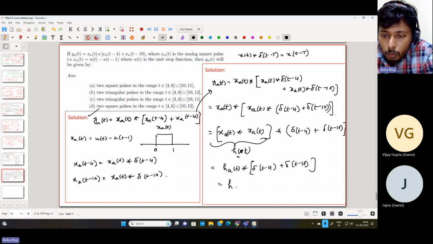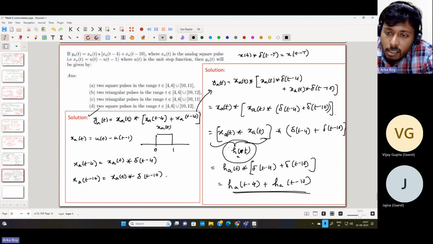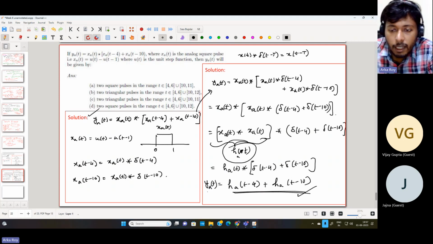So it will give you ha(t minus 4), ha(t minus 10). So if we know what is ha(t), then obviously we can comment about the final output, what is ya(t).